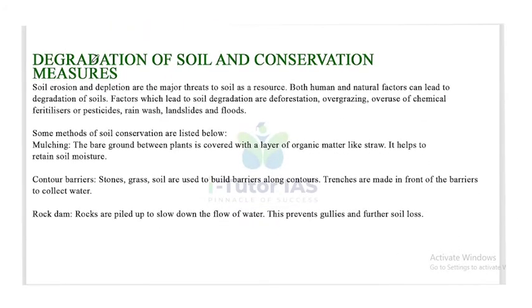Now, degradation of soil and conservation measures. Soil erosion and depletion are the major threats to soil as a resource. Both human and natural factors can lead to degradation of soil. The factors which lead to soil degradation are deforestation, overgrazing, overuse of chemical fertilizers or pesticides, rainwash, landslides and floods.